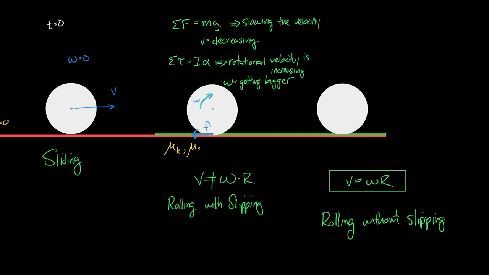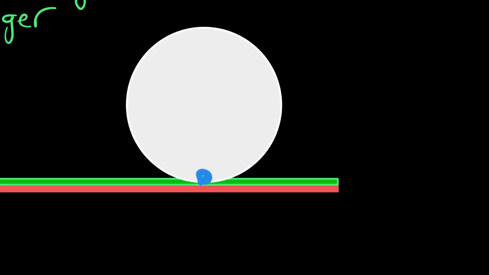At that moment, this point of contact is instantaneously at rest with the surface. I'm going to say that again, and I'm going to even zoom in. This point is instantaneously at rest with the surface.